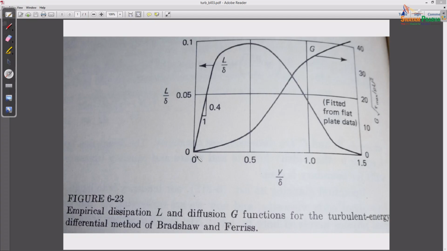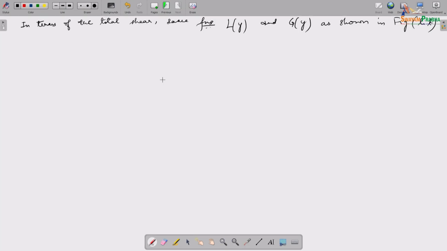This is almost like a straight line, it goes straight up for about a quarter of the boundary layer thickness. It is almost linearly rising, and then it becomes nonlinear, the dissipation. We get this from here, so we use that for the energy equation, etc.